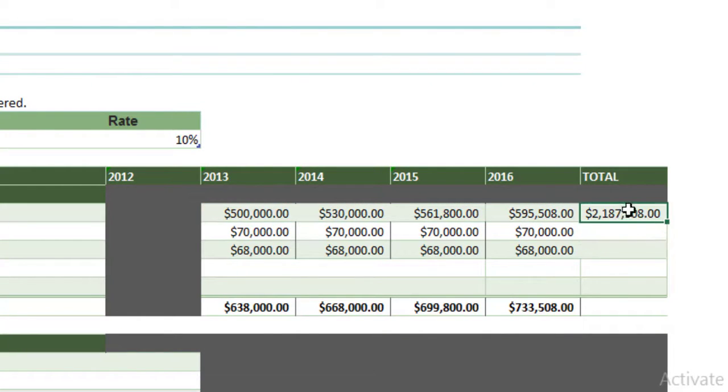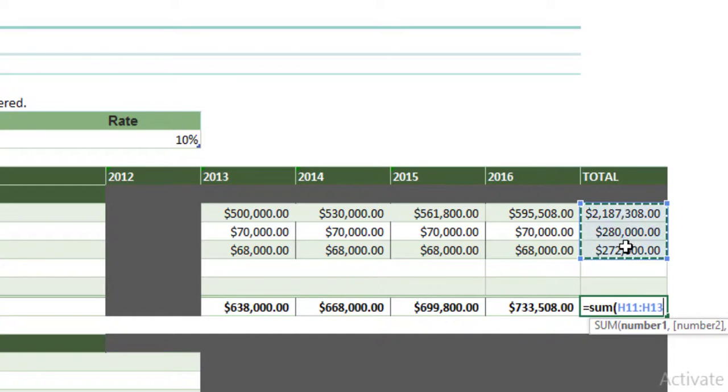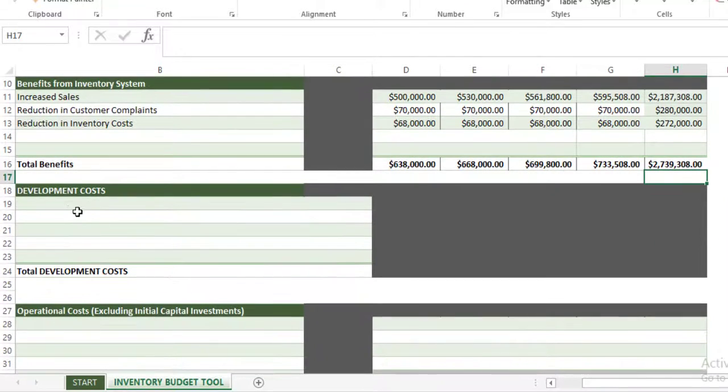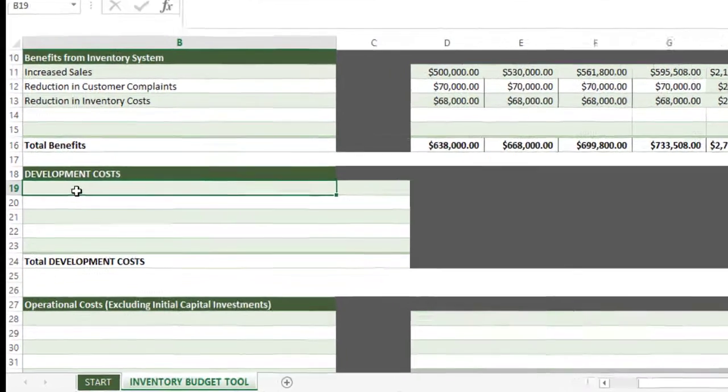It's going to give us that value, and then we can autofill. Similarly, we can get the total here, which is sum, and you can drag that and we press enter, and it's going to give us the total benefits after the end of the 4 years, which is 2,739,308.